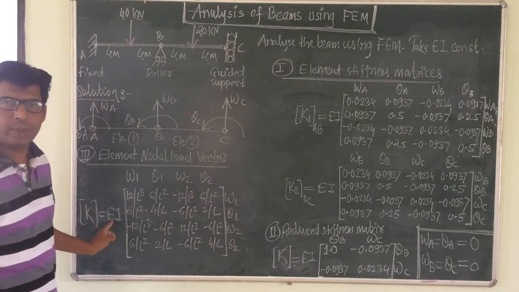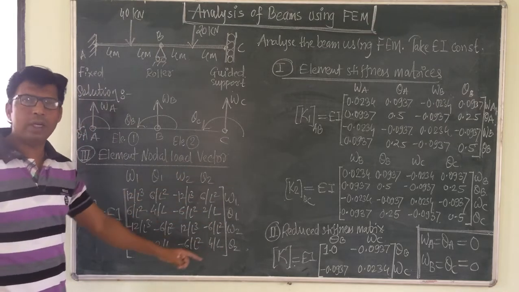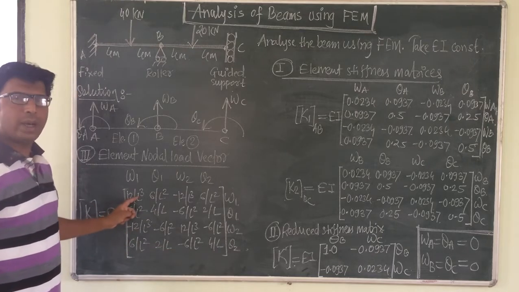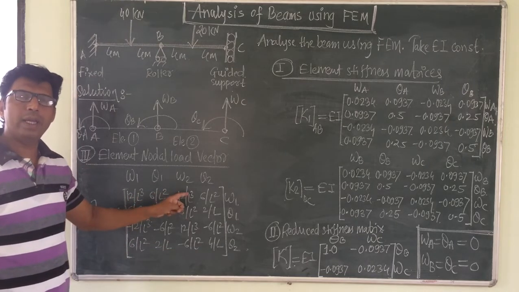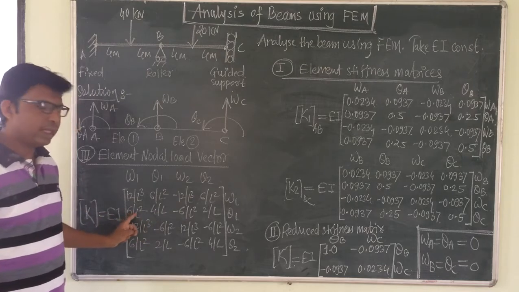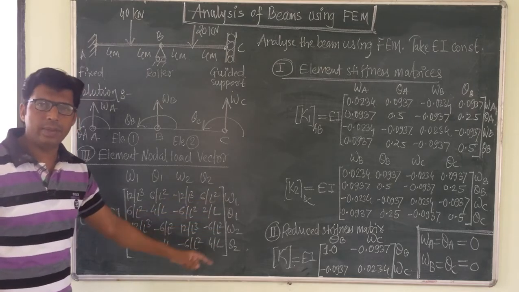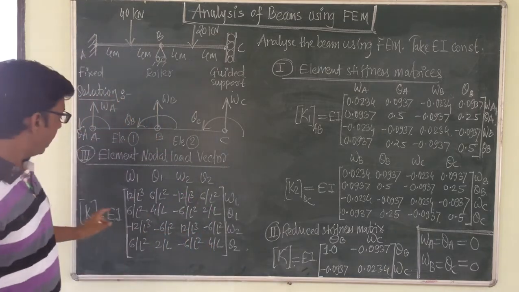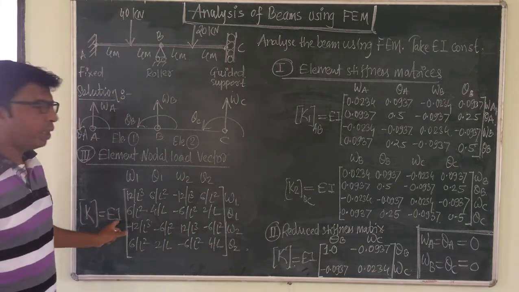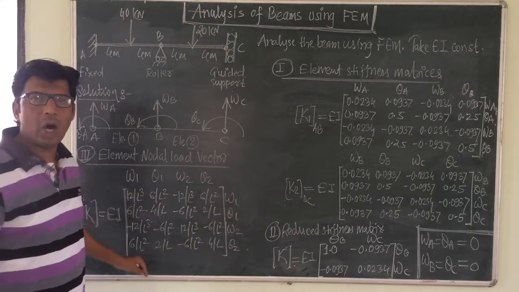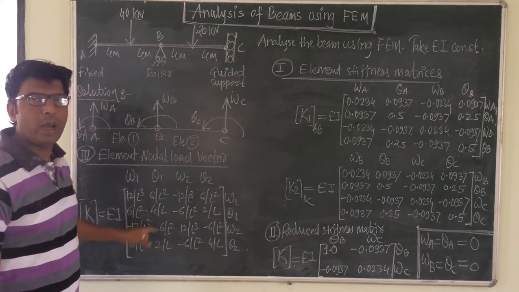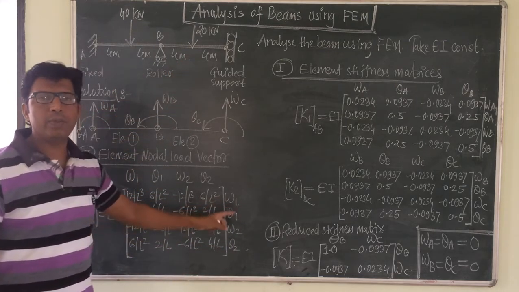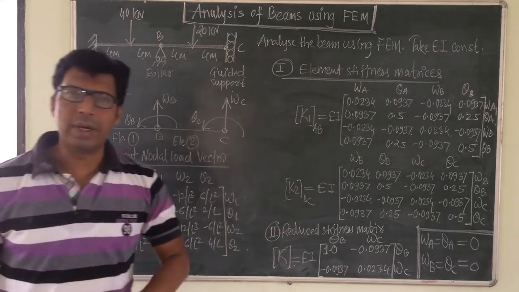EI is outside this stiffness matrix because it is uniform, common in all elements. Then 12 by L cube, 6 by L square, minus 12 by L cube, 6 by L square, then 6 by L square, 4 by L. All these elements depend on the value of L, and EI is outside the matrix. So if you put the value of L of each element one by one, you will get the stiffness matrix of the beam elements.